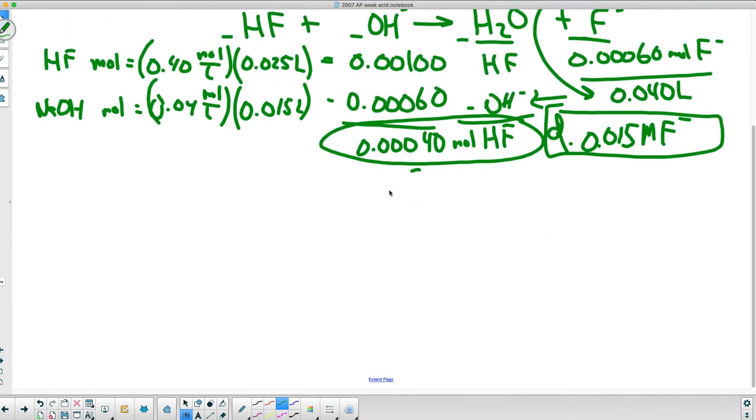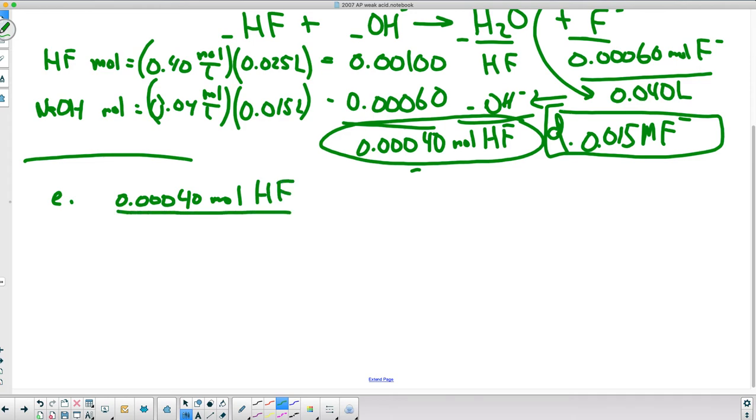Because now I have, so this is for letter E, okay? And I have 0.00040 moles of HF. The total amount is in 0.040 liters, the total amount that I used for the other problem.